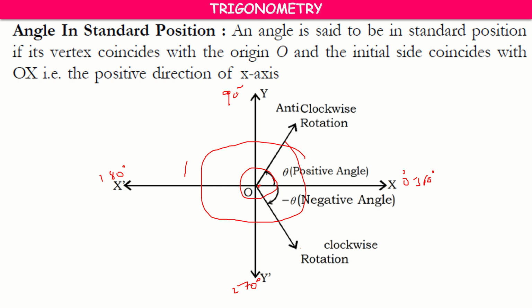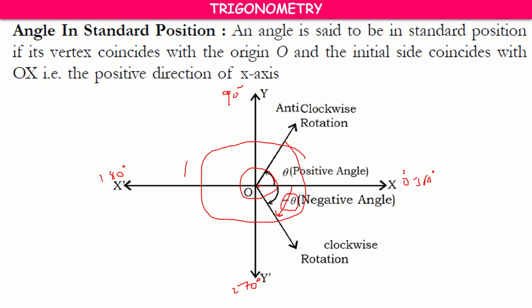If it is moving in a clockwise direction, observe here, what is the angle forming? Negative angle forming, because when the angle starts moving in a clockwise direction it has a negative angle, right?